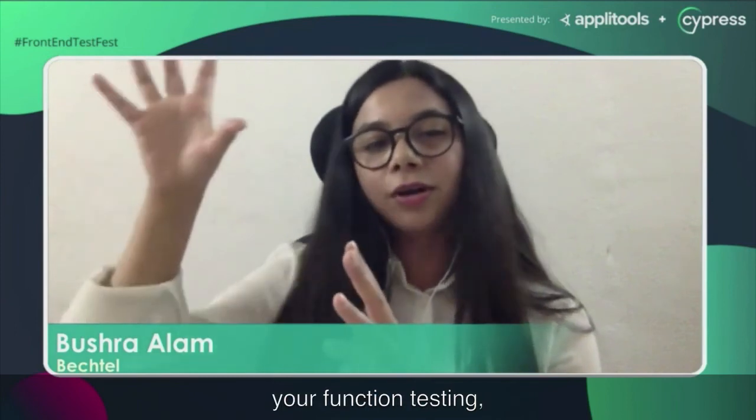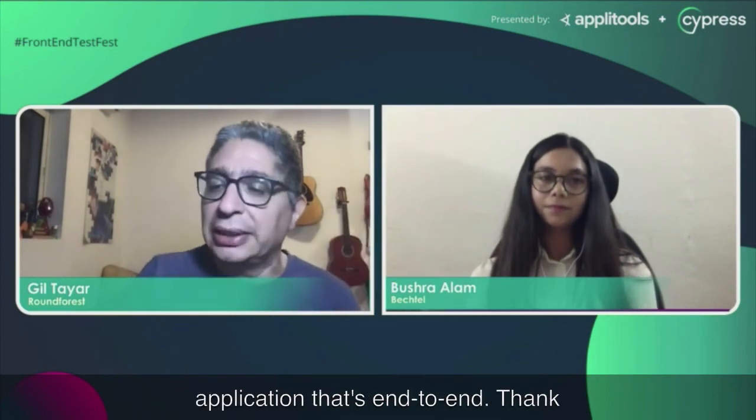Your functional testing, UI testing, is end-to-end testing. So broadly, that's the difference. Great. I'll add to that, Cypress component testing is basically a unit testing way. It's testing one component or two components or something like that. And when you're testing the whole application, that's end-to-end.